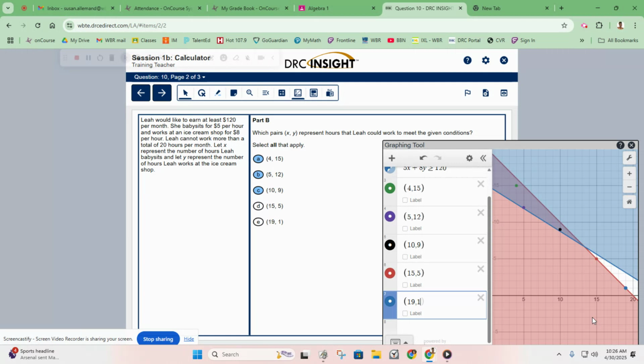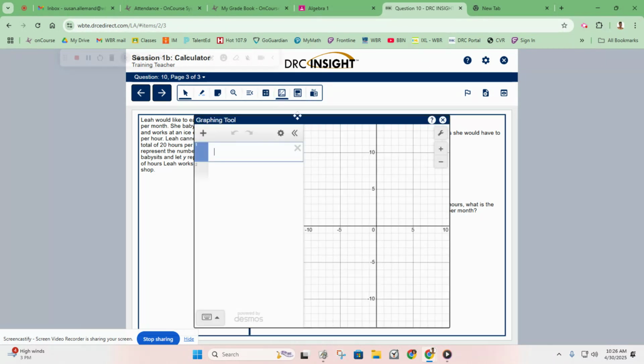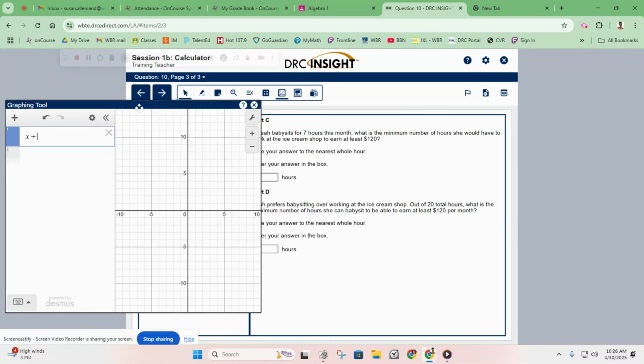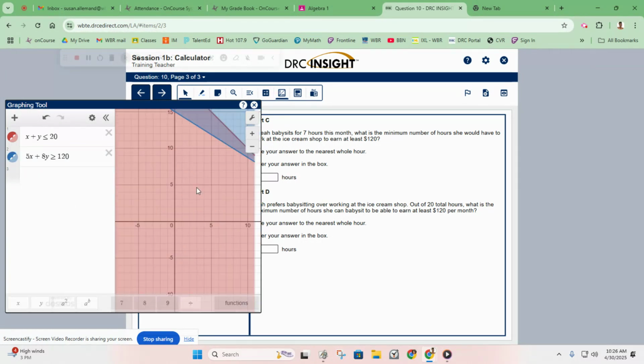Let's go to part C of this question. Once again, we still need this graph. So I'm going to start by just putting that same system back in here. The x plus y is less than or equal to 20, and then the 5x plus 8y is greater than or equal to 120.